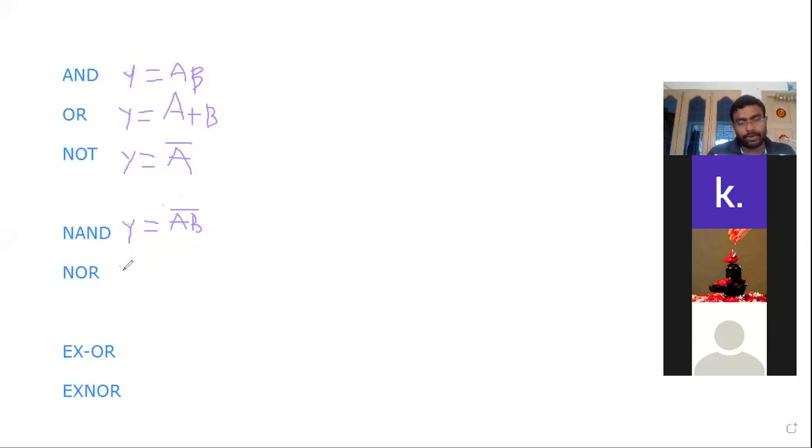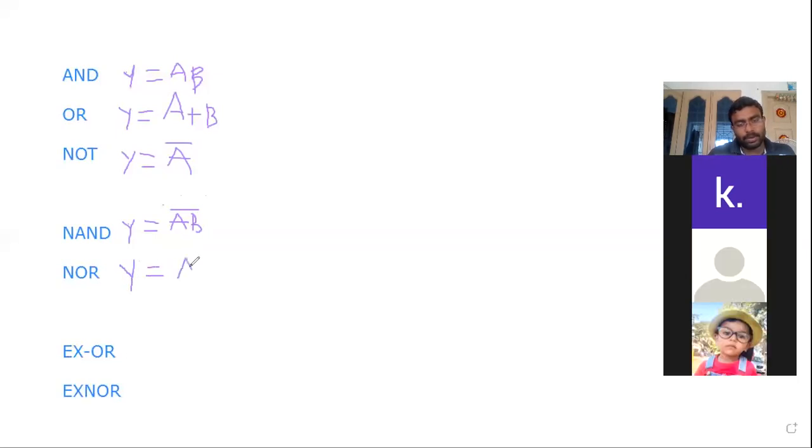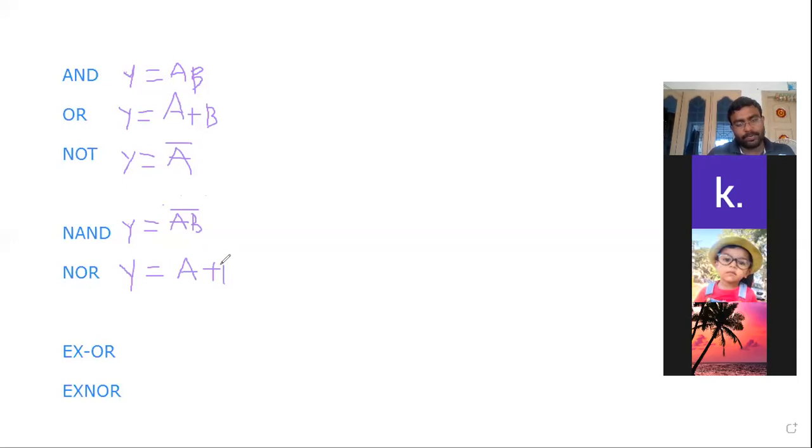Now what is the expression for the NOR gate? Y is equal to A plus B whole bar. A plus B whole bar is the expression for the NOR gate. Now what is the expression for the XOR gate?